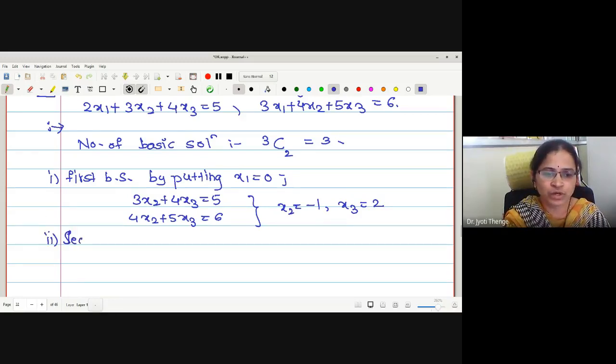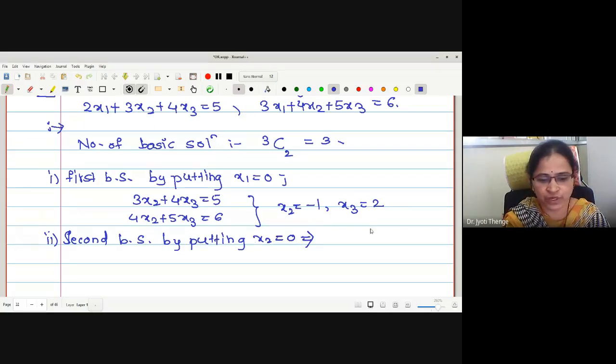Now the second basic solution, by putting x2 = 0. The solution I get is x1 = -2 and x3 = 3/2.